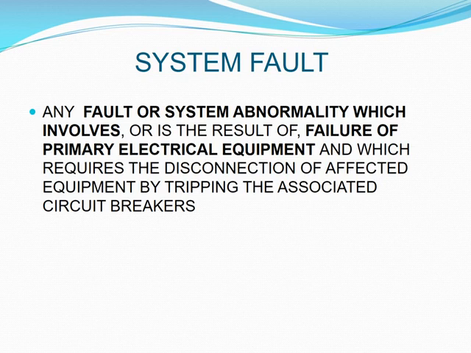So first we have to define what our primary electrical equipment is, and if a fault or an abnormality on our system occurs such that it can result in the failure of that primary electrical equipment, then it means that we have a system fault. And how we protect our equipment against that is that we need to disconnect all affected equipment to that primary electrical equipment by tripping our closest associated circuit breakers to where the fault is being detected.